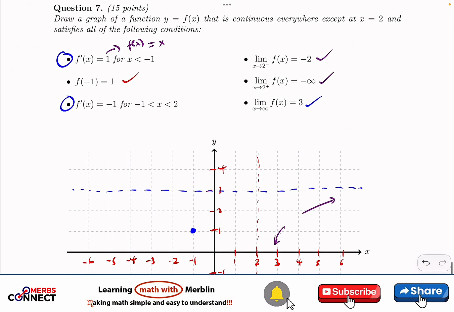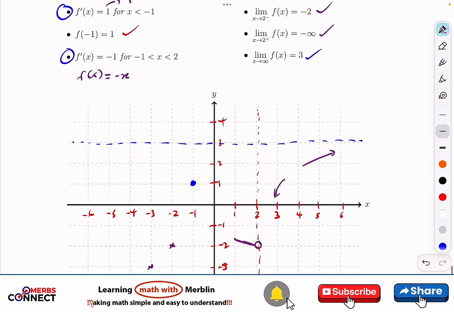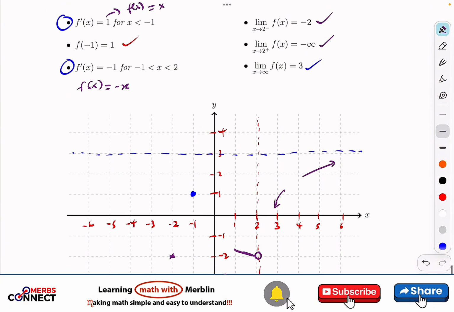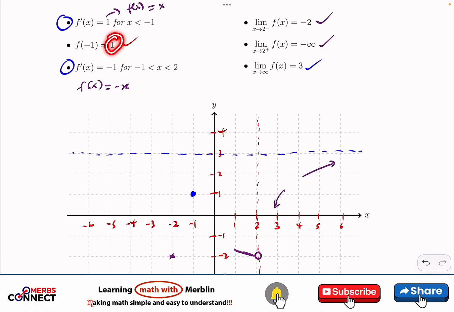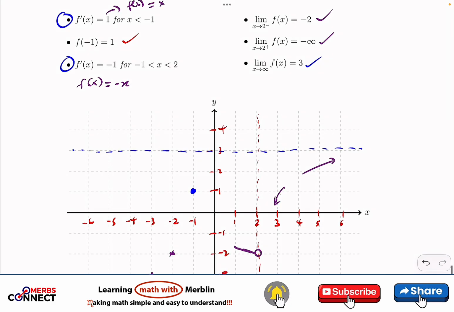Now the right hand side is this. So we are thinking f of x should be -x. But because f of -1 is 1, there must be a constant added to this function.